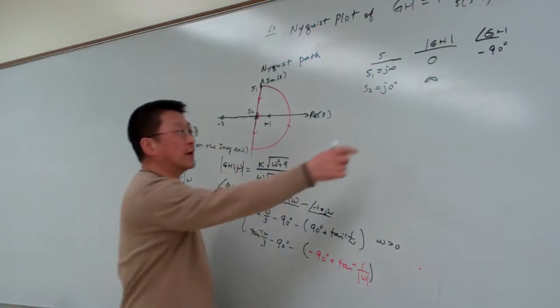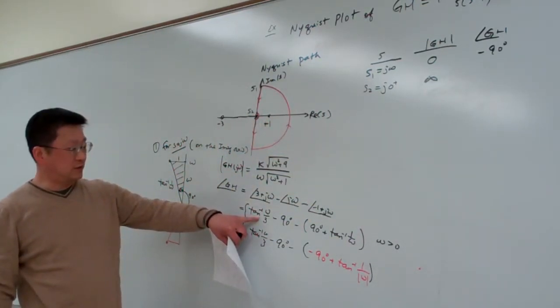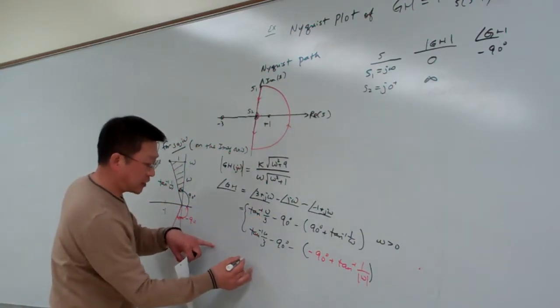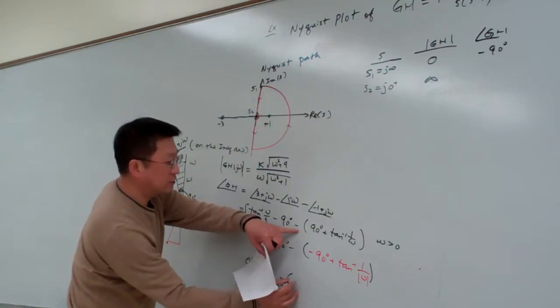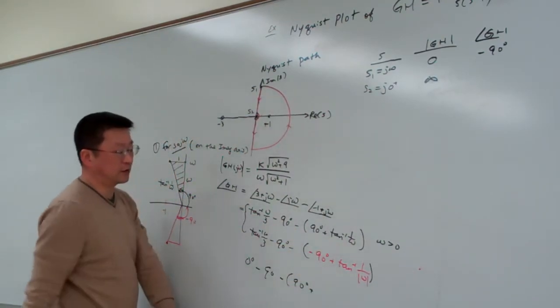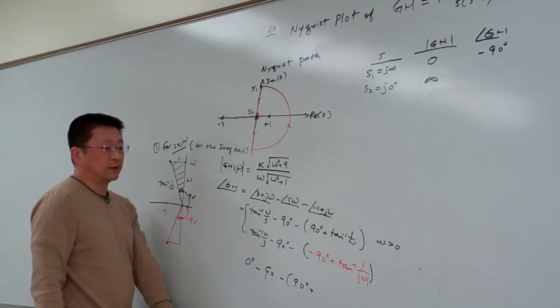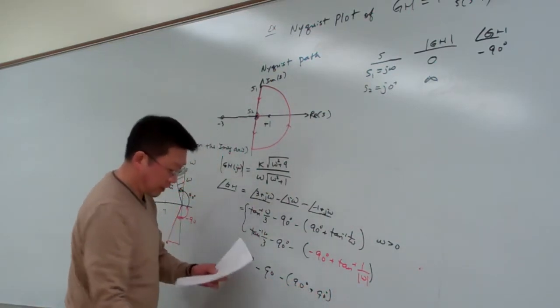And then for this one, again, when we plug in, this is 0 degrees, and let me do this calculation, 0 degrees minus 90, minus 90 plus, and this one is how much? Almost 90 degrees, right?